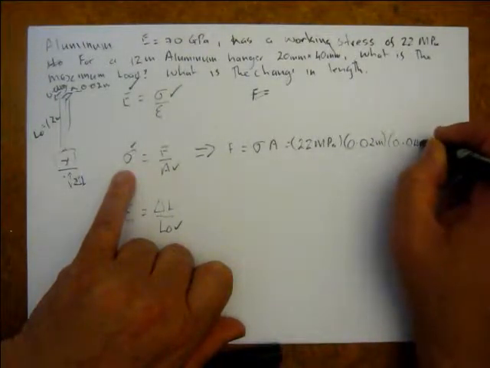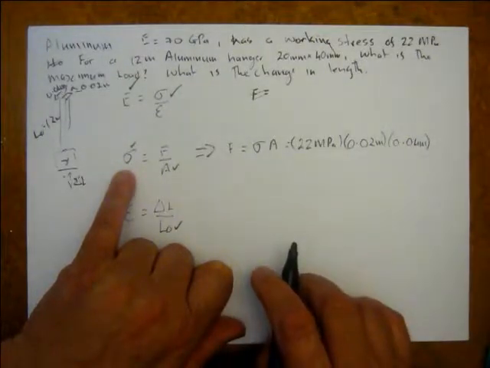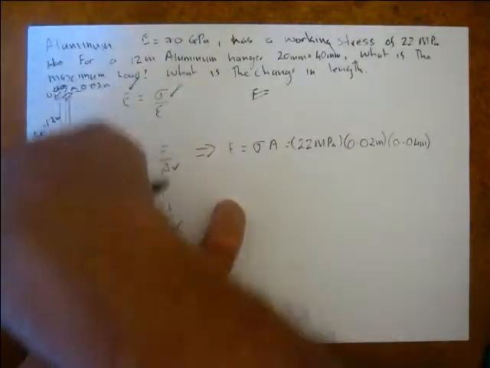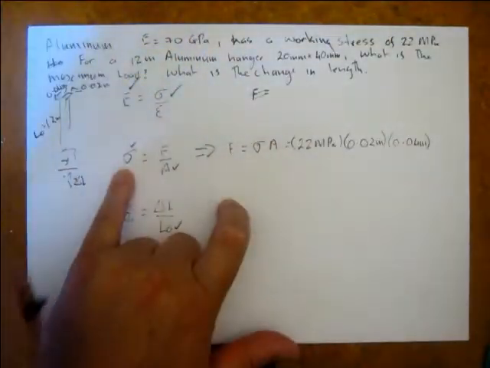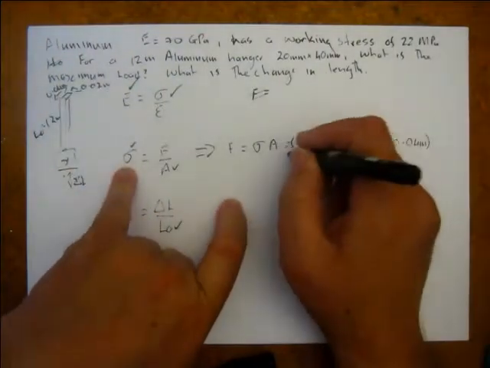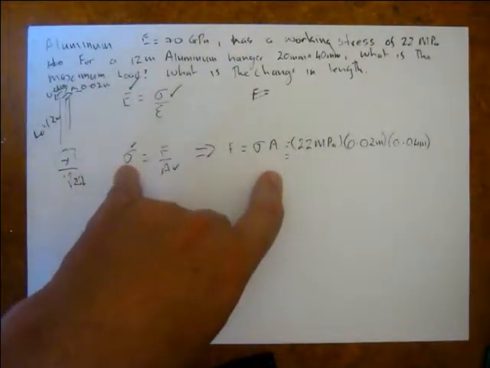This is not actually a circle, so it's going to just be base times the height. So it's going to be 20 times 40.